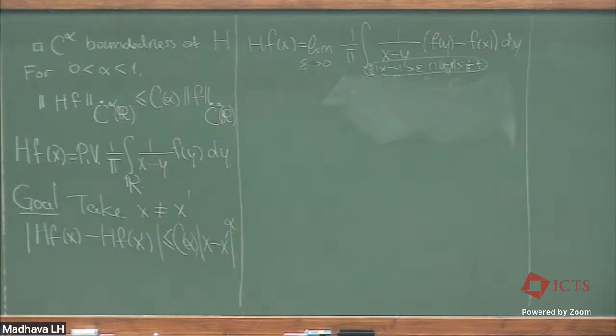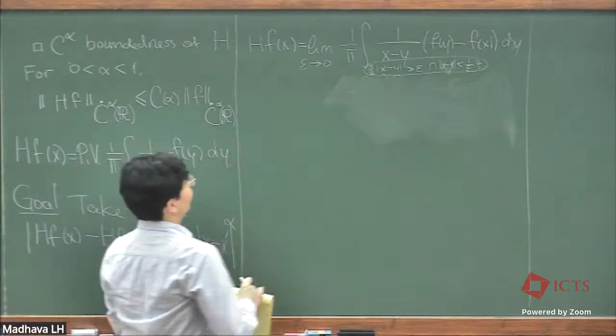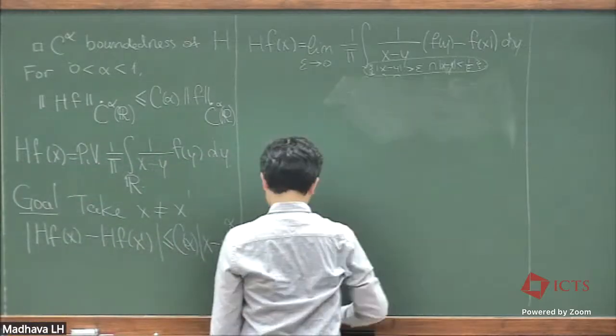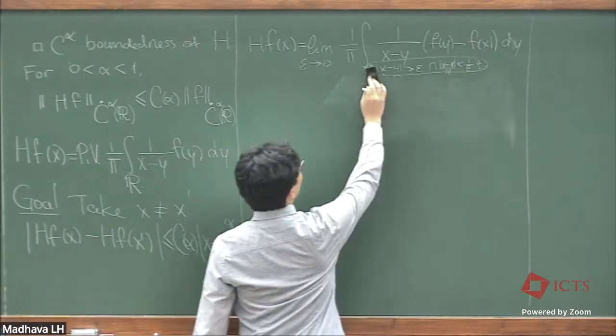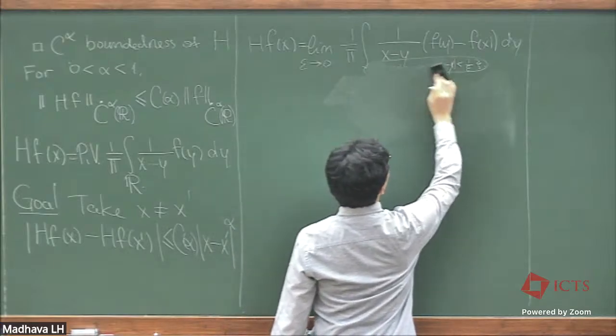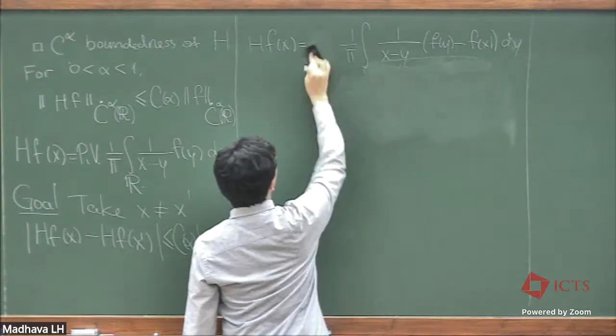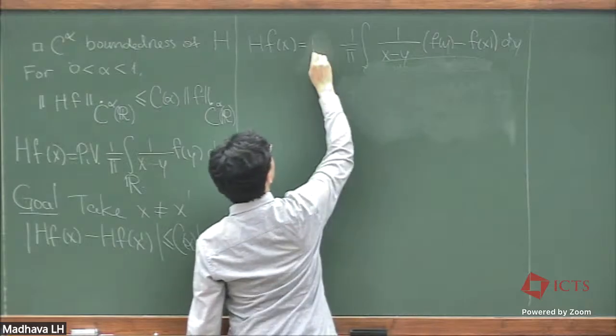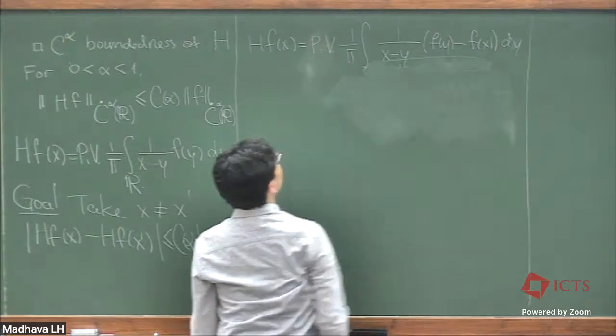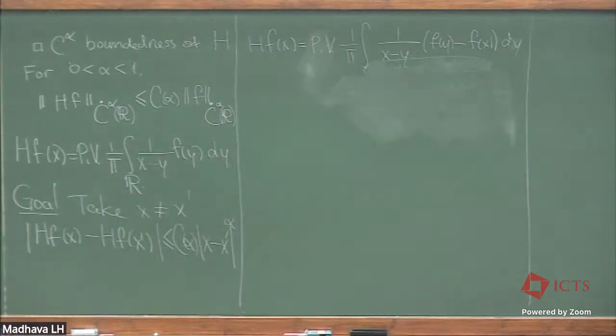So now we can start the estimate. And again, this is annoying to write every time, so I erase and just write PV. So what do we do?